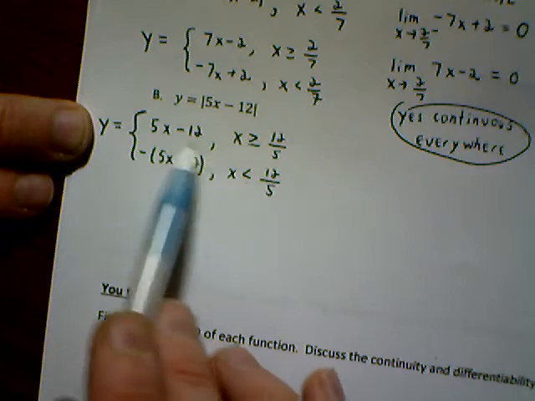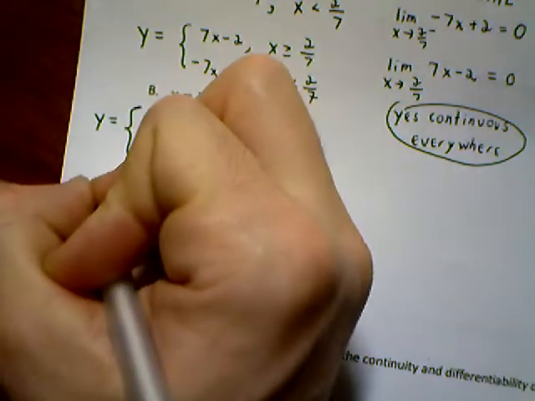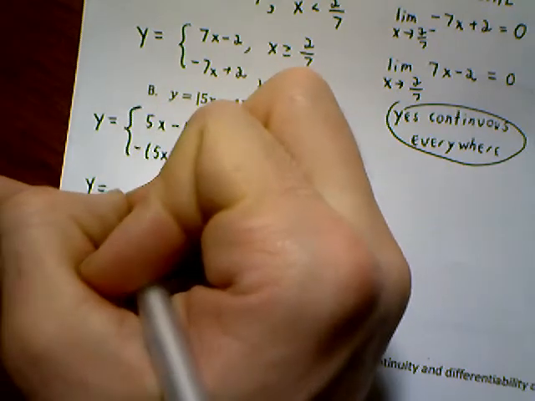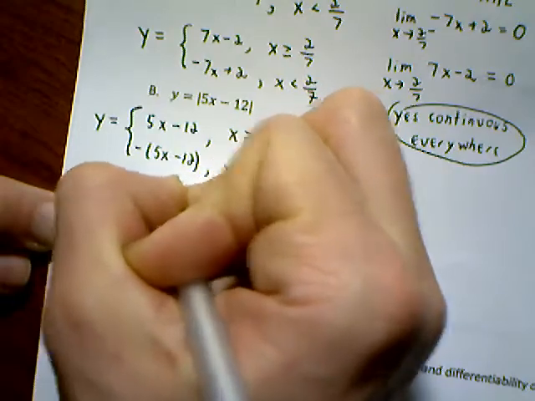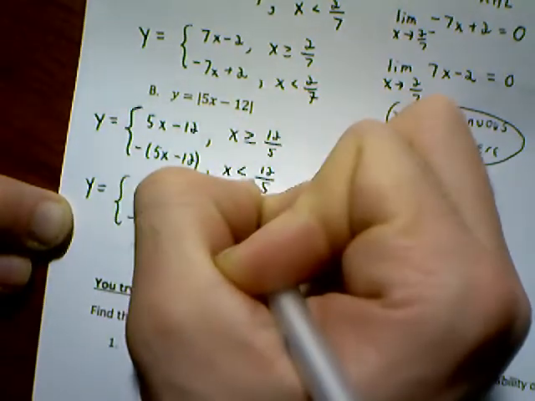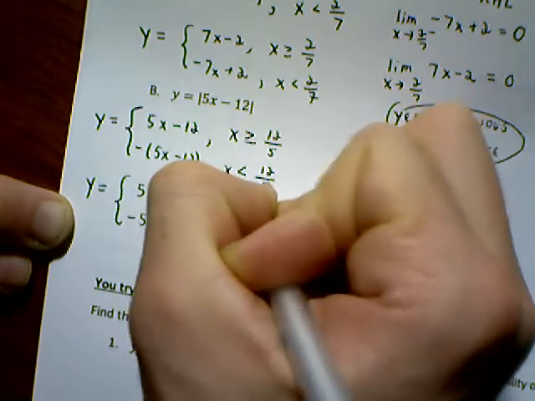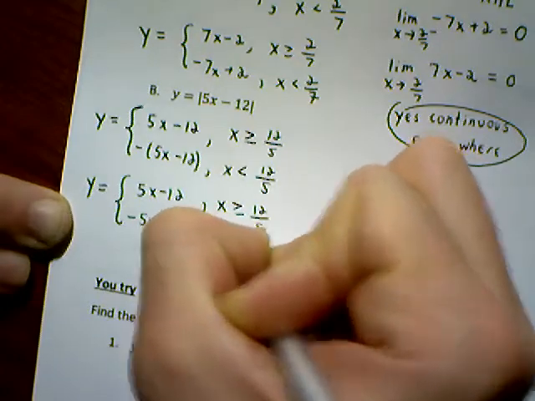And then I took the opposite of the inside for when x is less than 12/5. Clean it up a little bit. y equals 5x minus 12 or negative 5x plus 12. That's when x is greater than or equal to 12/5 or x is less than 12/5.